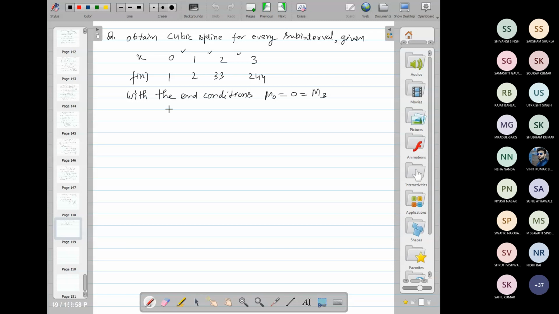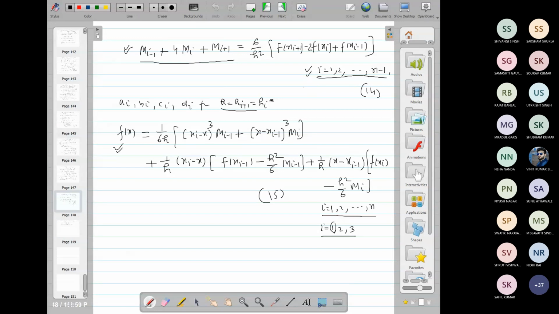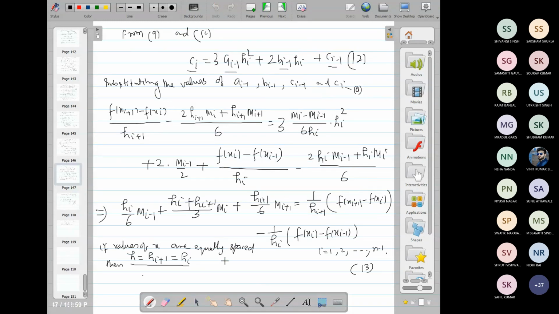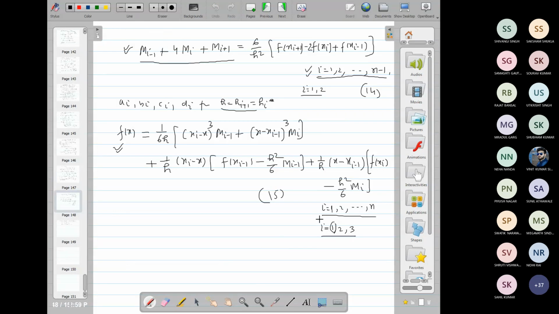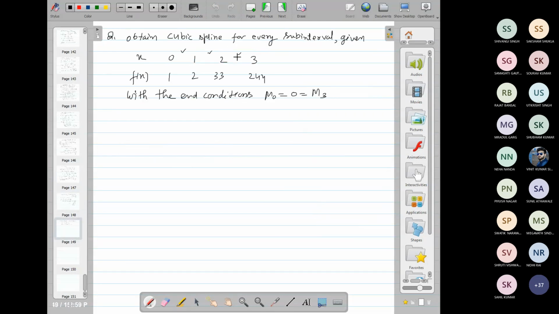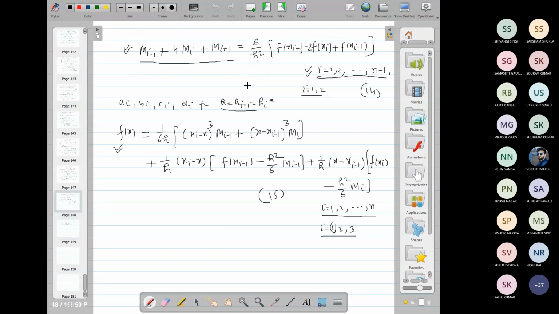So you need to calculate. Here first put the values in 14. In this problem i will be 1 and 2 only, n minus 1. The number of subintervals here is 3. The relation between mi given by 14 for i equal to 1, 2.